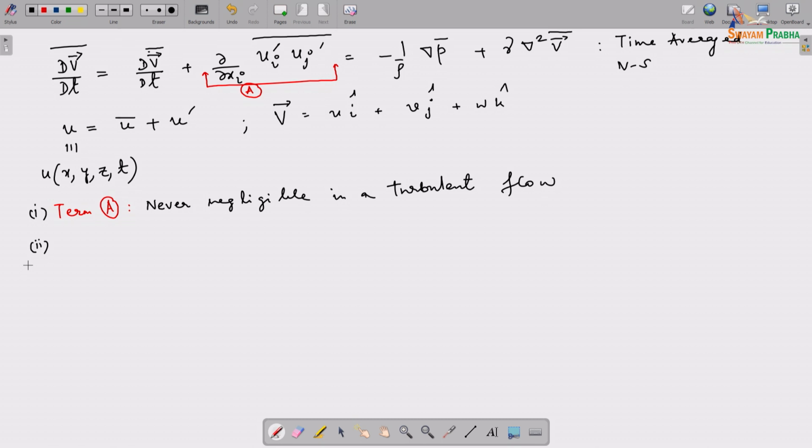Well, this is again not known analytically. This is important because we actually do not have any idea of the value of the term A. There's no way to know that.